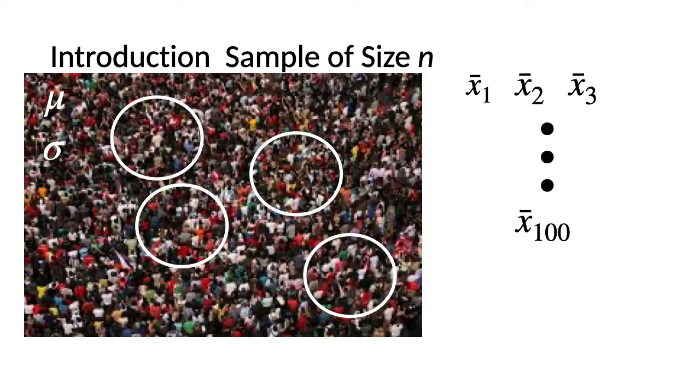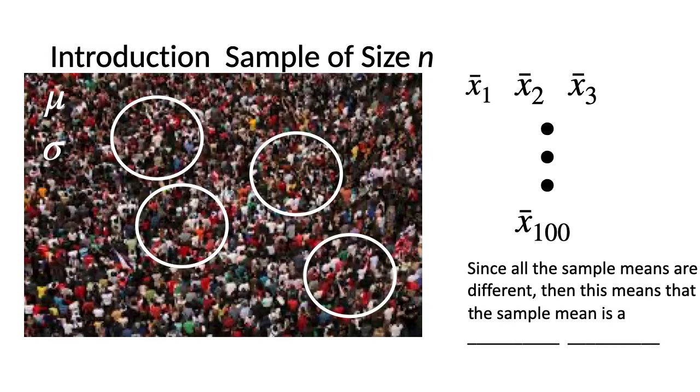But let's come back to all 100 different x bars and ask and answer this question. Since all the sample means, x bar 1 to x bar 100, are different, this means that the sample mean x bar is a blank blank.